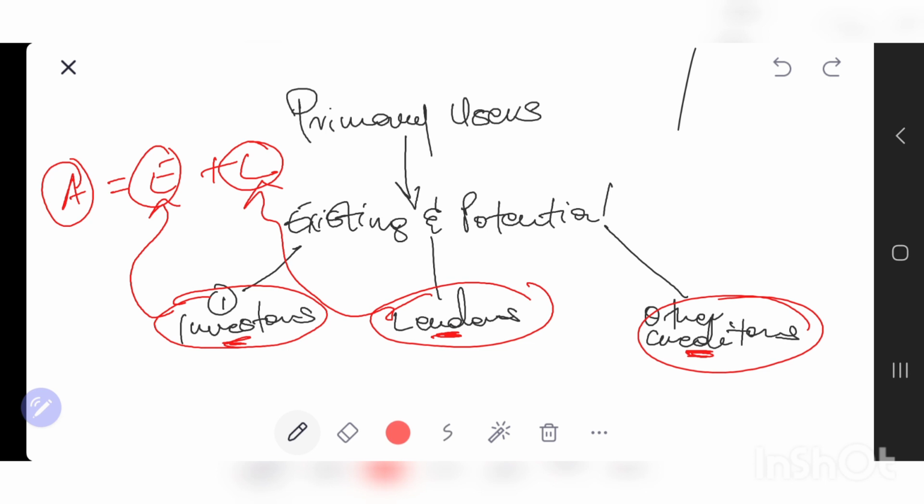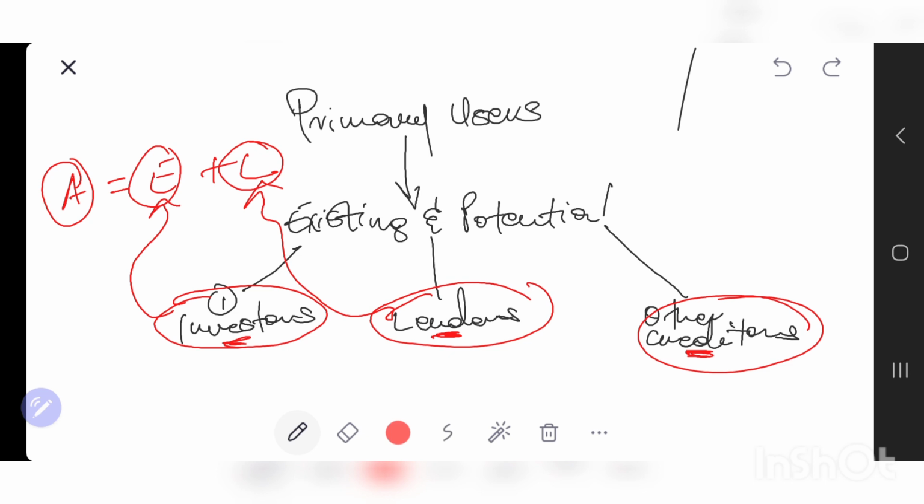Is the business making money or not? That's why these guys are the primary users of financial information. It means that we are preparing the financial statements primarily for them, since they are the ones who have blessed the business.